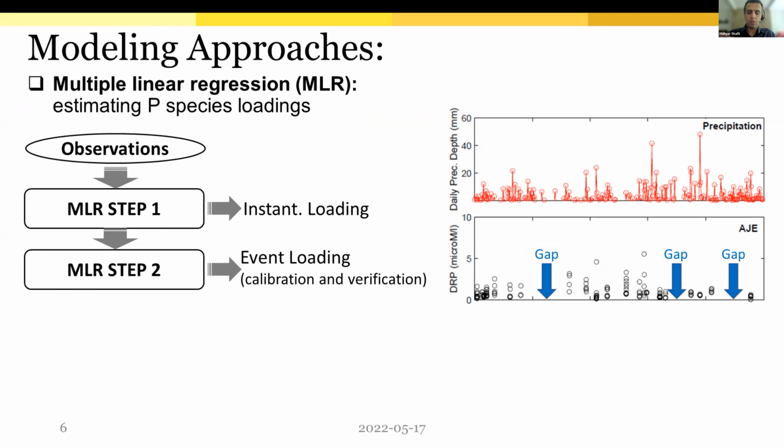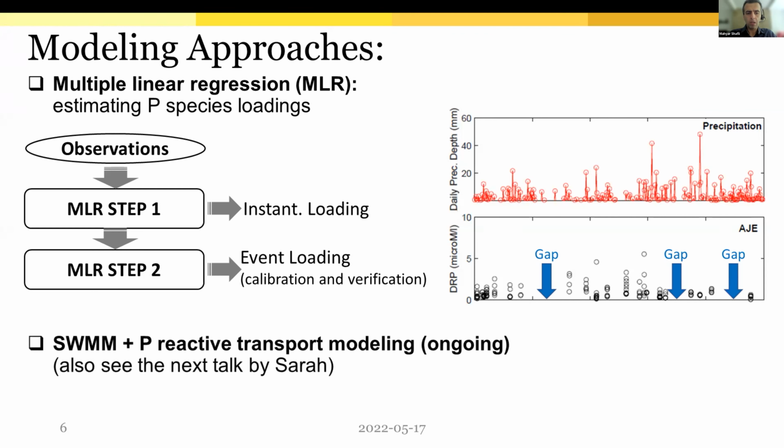We use this model in calibration and verification mode to make sure that the model is transferable to other timeframes in the past, and we use that to make long-term predictions. There's also SWIM modeling coupled with phosphorus reactive transport modeling, which is ongoing. Sarah, one of our next presenters, is going to talk about the steps taken so far on that front.